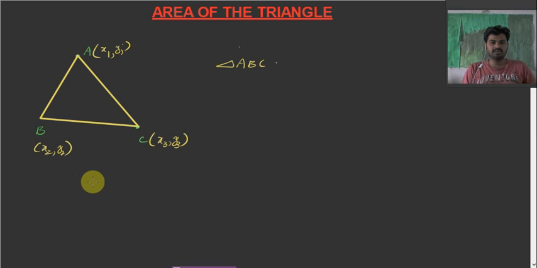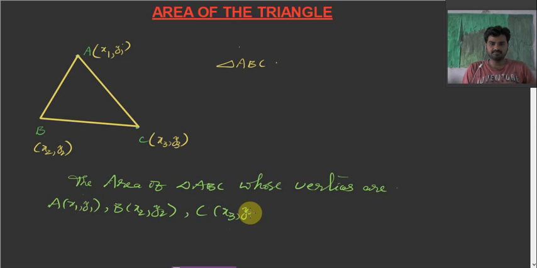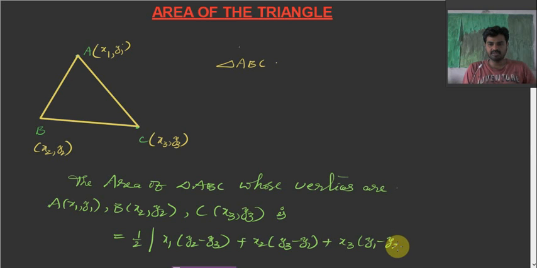In 10th class we already know the area of the triangle ABC, whose vertices are A(x1, y1), B(x2, y2), C(x3, y3), is equal to half into x1 into (y2 minus y3) plus x2 into (y3 minus y1) plus x3 into (y1 minus y2).